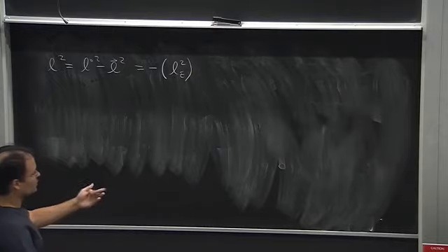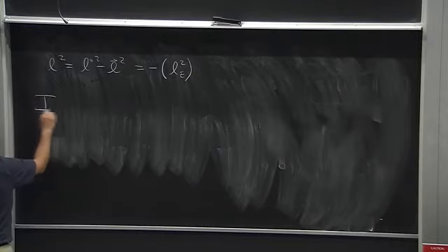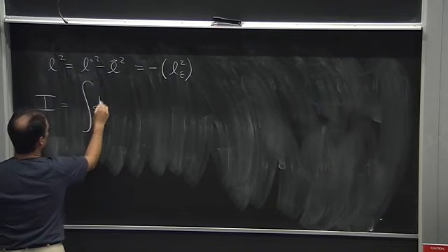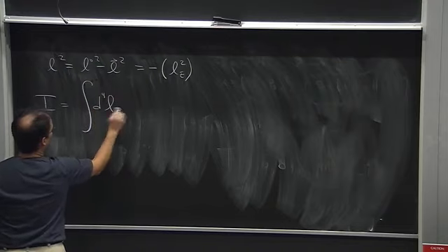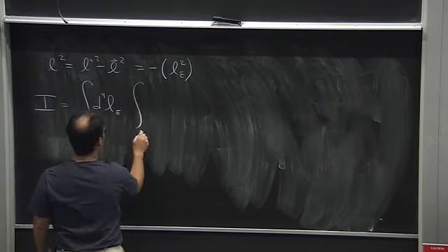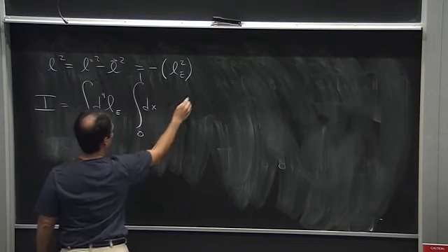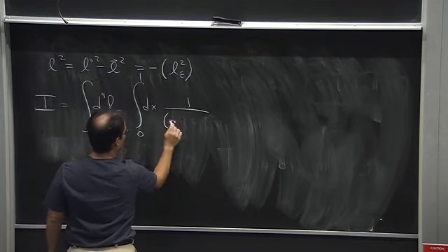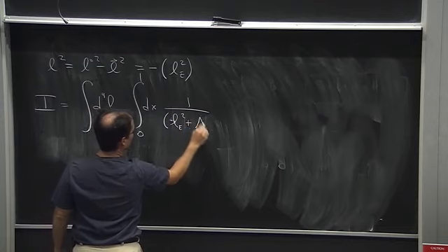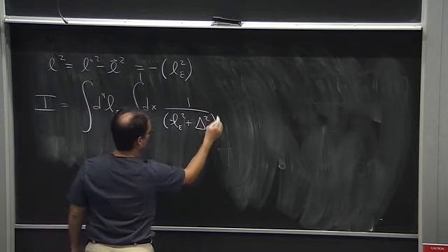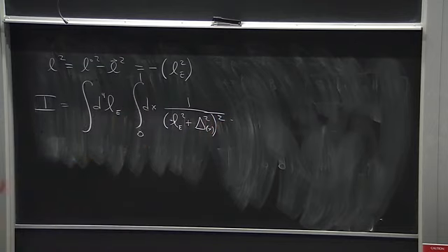So if we do that, our integral now becomes the integral d^4 L Euclidean, integral from 0 to 1 dx of 1 over (L Euclidean squared plus delta of x squared).